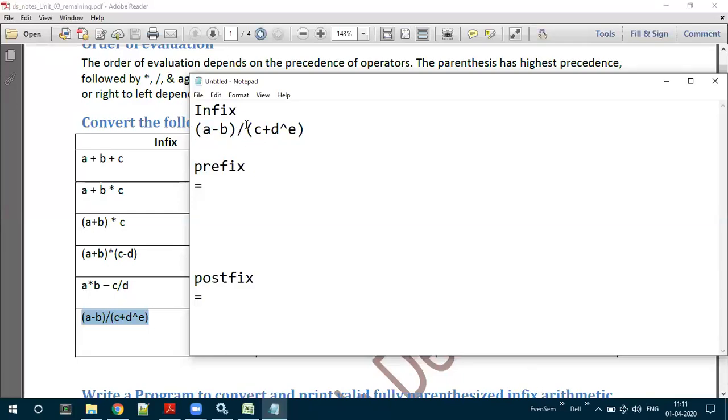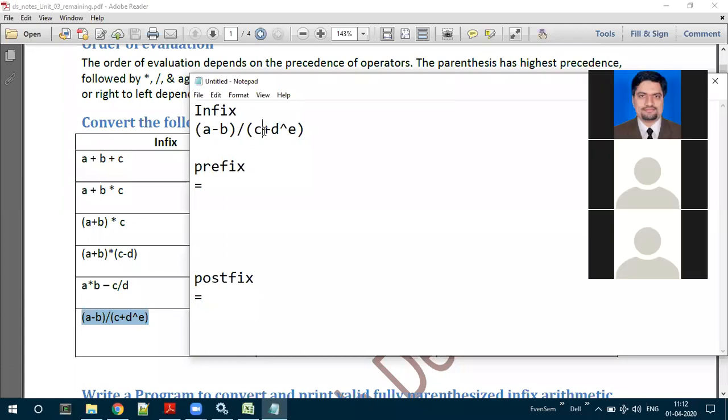In the same way, on the right hand side of the division operator, again there is a pair of brackets. Within that we have C plus D, and then power E. Among these two, the plus and power operators, which one has the highest precedence? It is the power operator. Power has higher precedence than the plus operator.